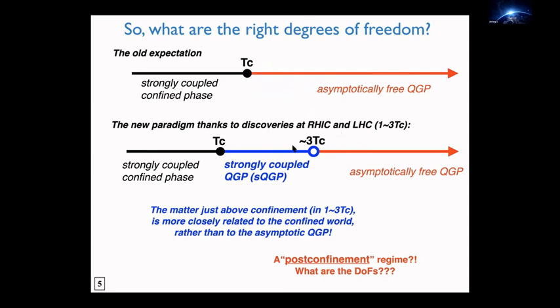In this region, the system is what we call a nearly perfect fluid, or nearly perfect liquid, which apparently is more strongly coupled than we thought. So that means this region really is not in the asymptotic freedom region yet. Perhaps it's closer to vacuum. It's more resembling the vacuum, and that of course raises the question: what are the right degrees of freedom here? Are they going to be simple quarks and gluons? Are they going to be remnants of hadrons, or what do we have here?